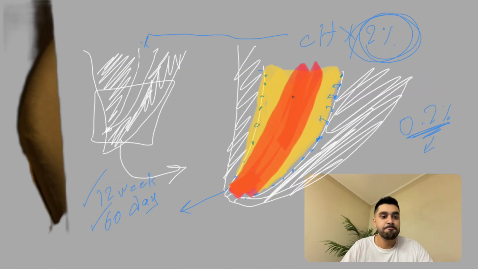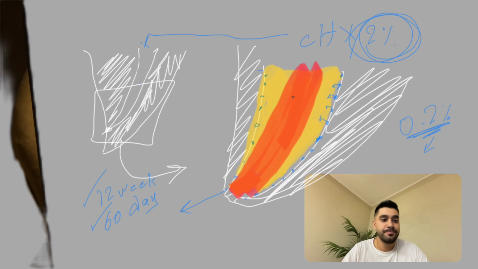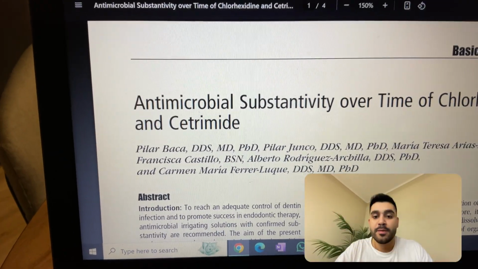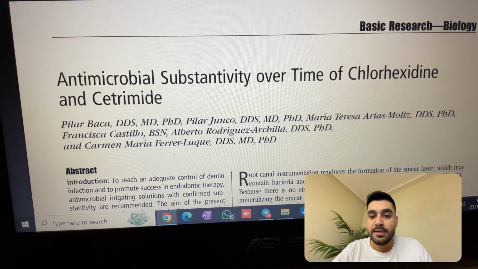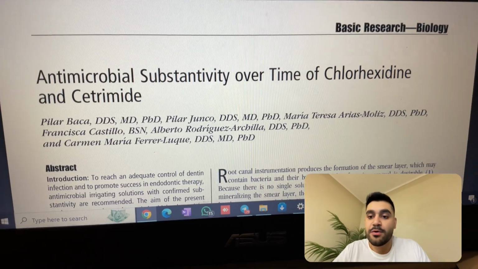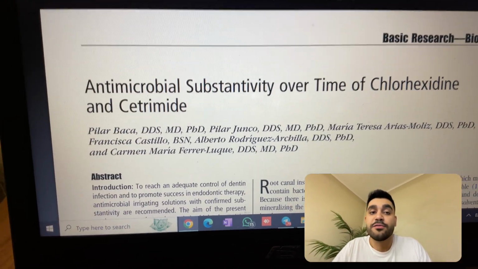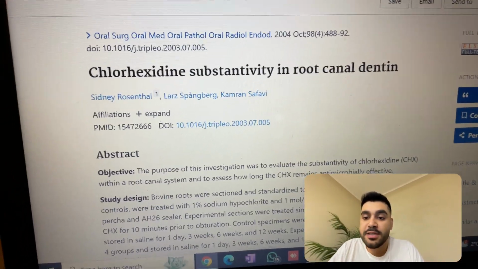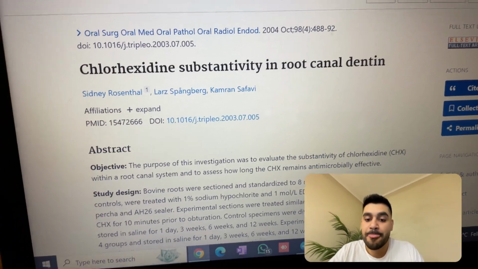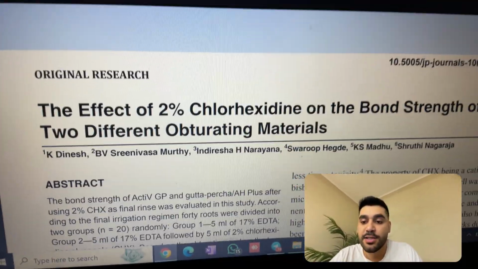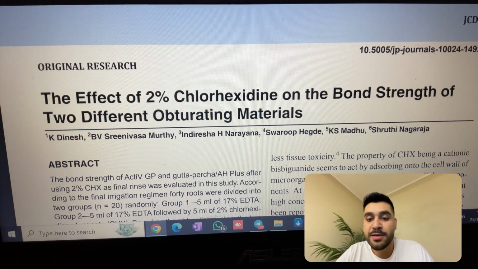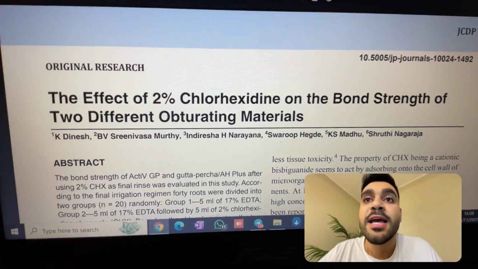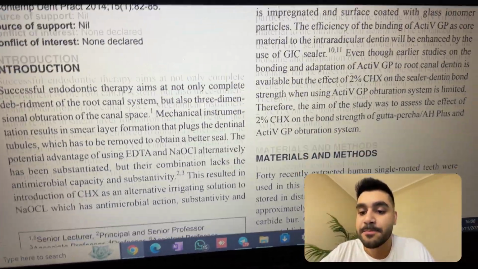Here is one of them: antimicrobial substantivity over time of chlorhexidine. The other one is chlorhexidine substantivity in root canal dentin. And the other one is the effect of 2% chlorhexidine on bond strengths of two different obturation materials.